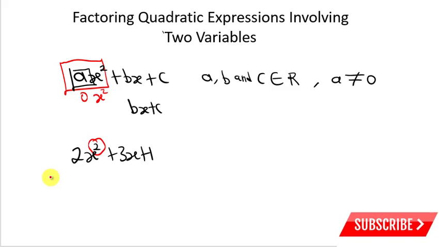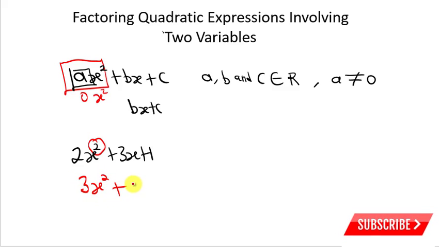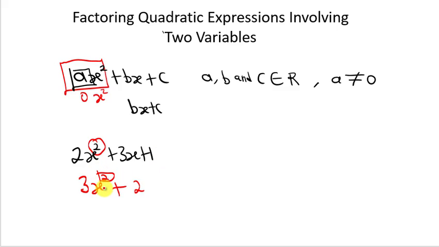Quadratic expression. Yes, we can have 3x squared plus 2. But this is also quadratic expression, because the highest exponent of the variable involved is 2. We can have x squared plus 4x. This is also quadratic expression.